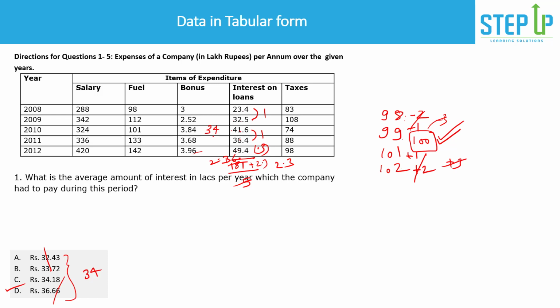Now if I assume the average to be 34, let's check how much each is off from 34. This is minus 10.6, this is minus 1.5, this is plus 7.6, this is plus 2.4, this is plus 15.4. So the negatives add up to minus 12 on one side, and on the other side I get plus 7, 7 to 9, 10, 25, so plus 25.4.